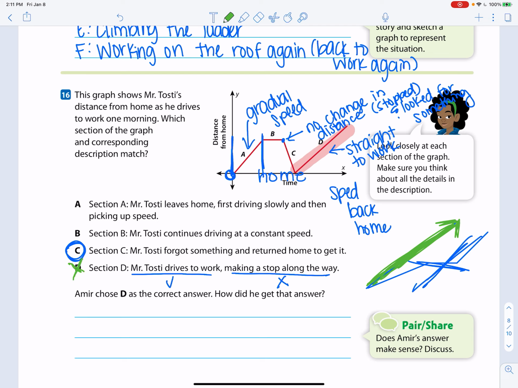So Amir chose D as the correct answer. How did he get that answer? So Amir didn't understand that making a stop means the distance doesn't change.